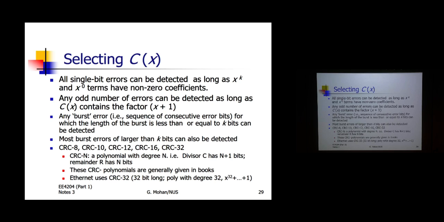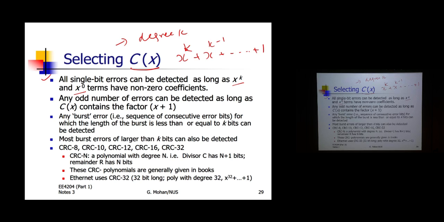How are we going to select the divisor polynomial c of x? Let's say c of x has degree k. That means the polynomial should be x raised to the power k plus x raised to the power k minus 1 plus ... plus 1, something like this. The first theorem or fact states this: all single bit errors can be detected as long as the x raised to the power k and x raised to the power 0 terms are present.